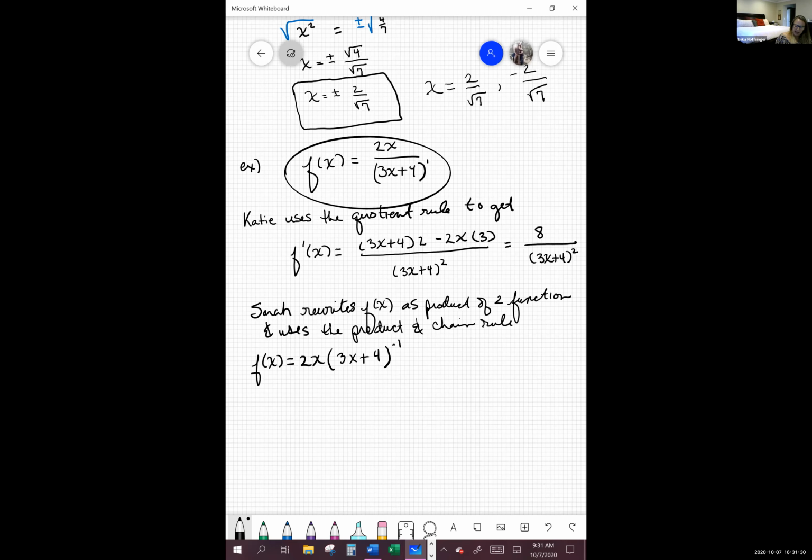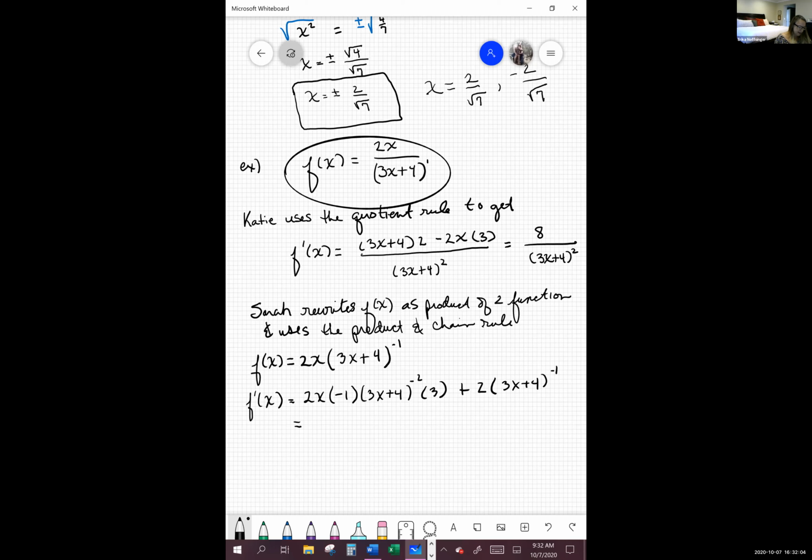Once she did that, she used the product rule and found that f prime of x equals 2x times -1 times (3x plus 4) to the -2 times 3, plus 2 times (3x plus 4) to the -1.